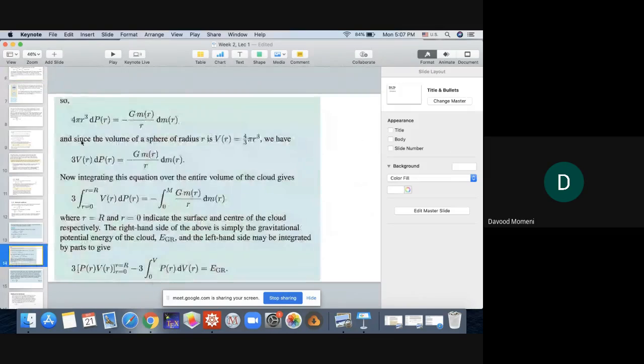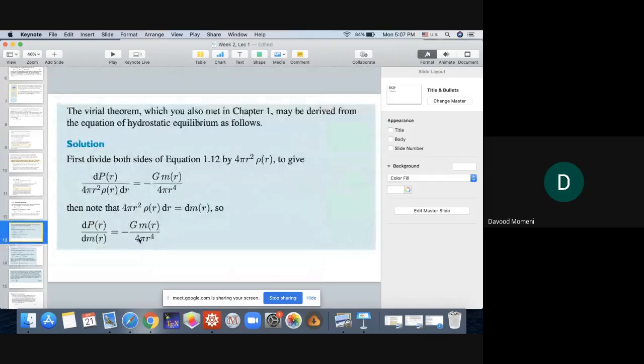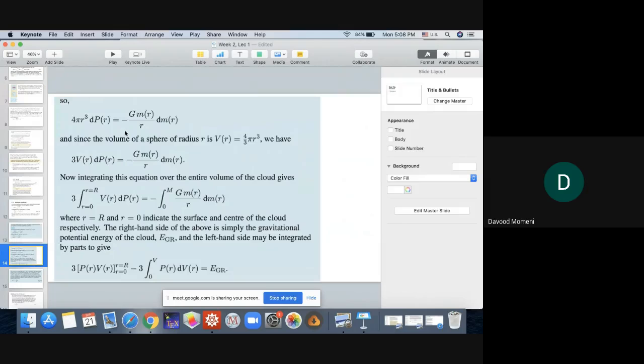If you use this expression, you can write dm here. Then, by simplifying the equations, I mean keeping whatever is related to P on one side and whatever is related to m on the other side, and by integrating from 0 to the final radius of the star, you will get these expressions.